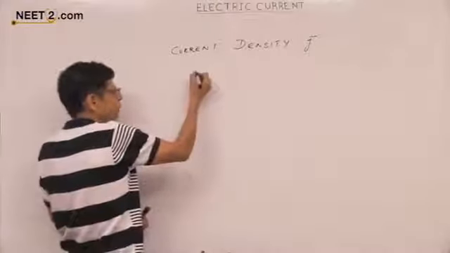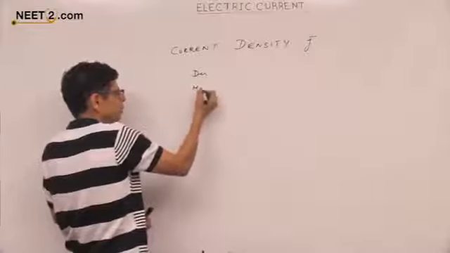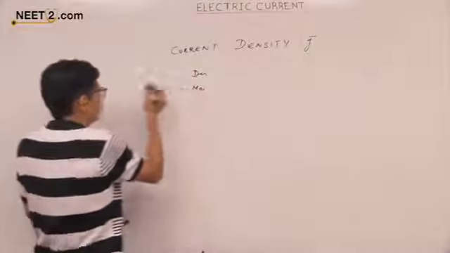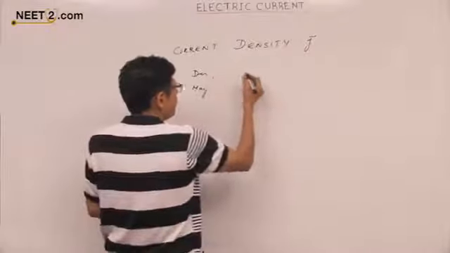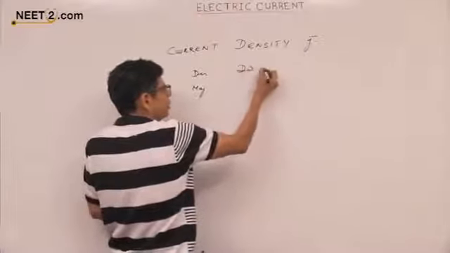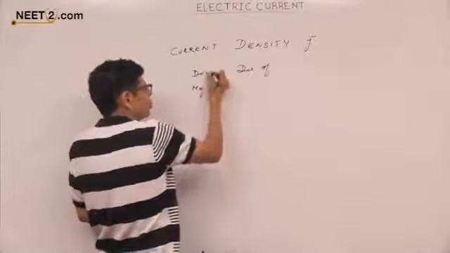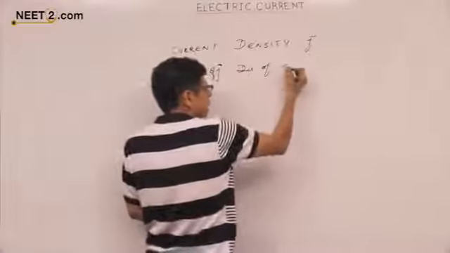So it has 2 aspects, direction and magnitude. First, let's talk about direction. So the direction of J is the direction of conventional current.